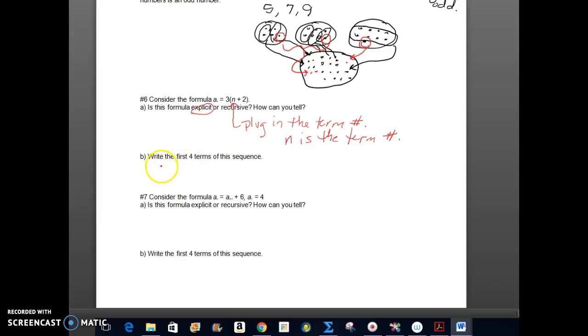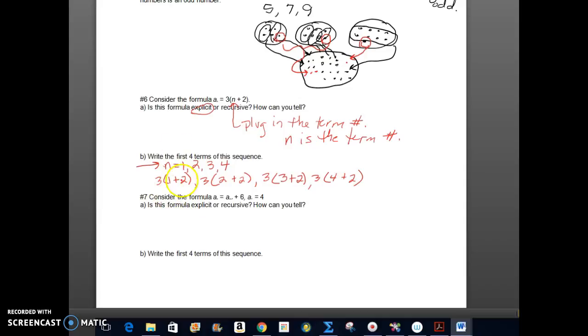All right, so the first 4 terms of the sequence. So that's when n is 1, 2, 3, and 4. This isn't the sequence, all right? These are the terms. So to get my terms, I do 3 times 1 plus 2, and then I do 3 times 2 plus 2, 3 times 3 plus 2, and 3 times 4 plus 2.